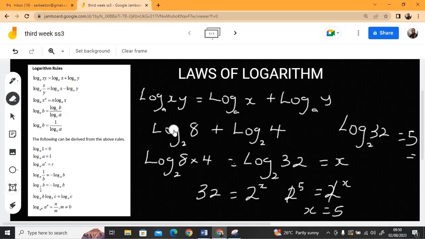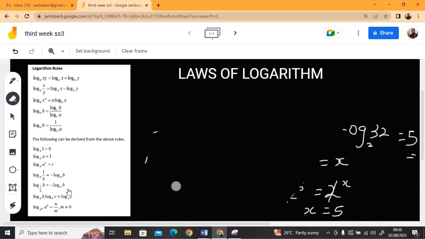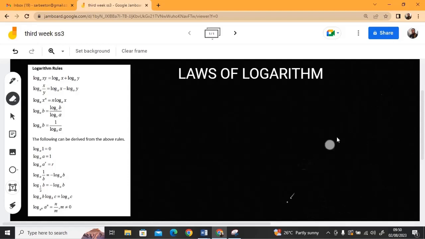The second rule is division. Okay, since the second rule is division, let's look at the division part.